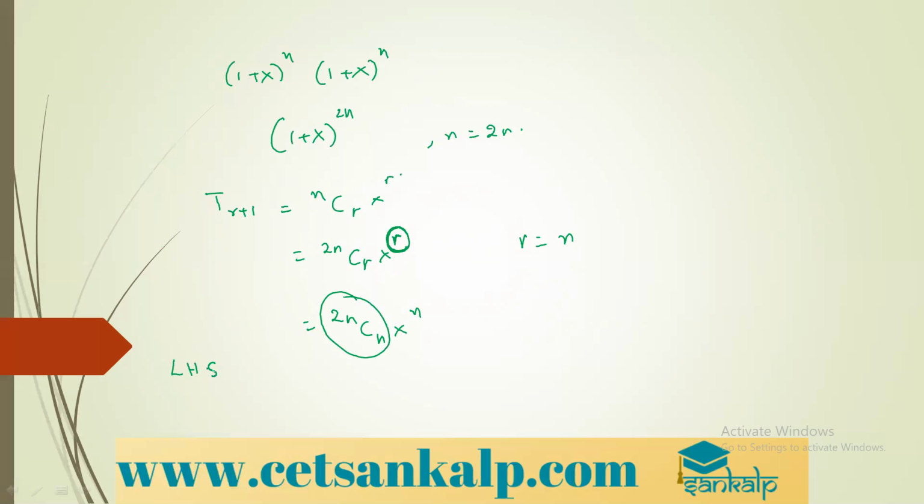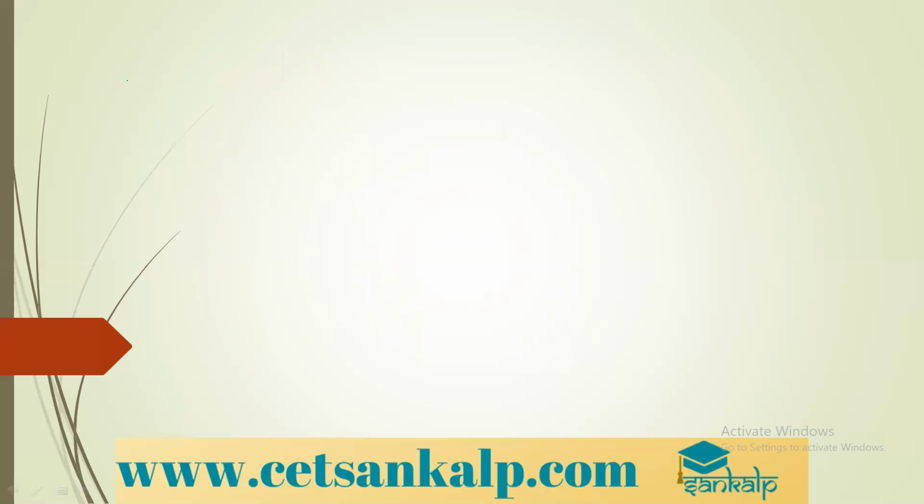When I equate left side and right side, I will have C0 square plus C1 square plus C2 square up to Cn square as 2nCn. And this is there in the option. So I can take this as the answer.